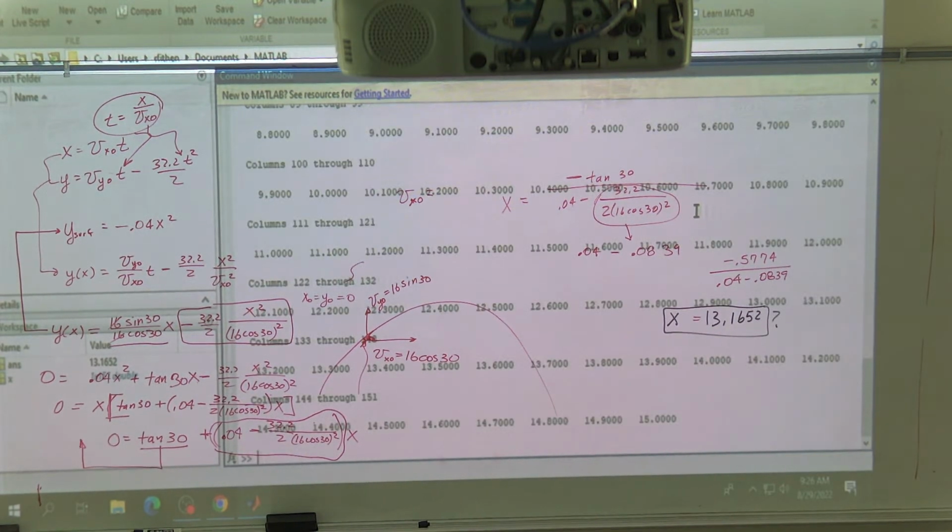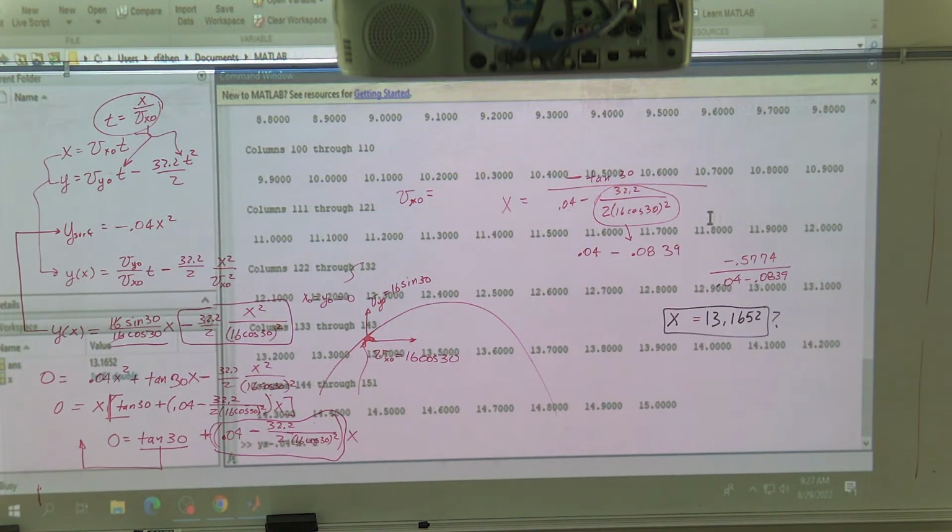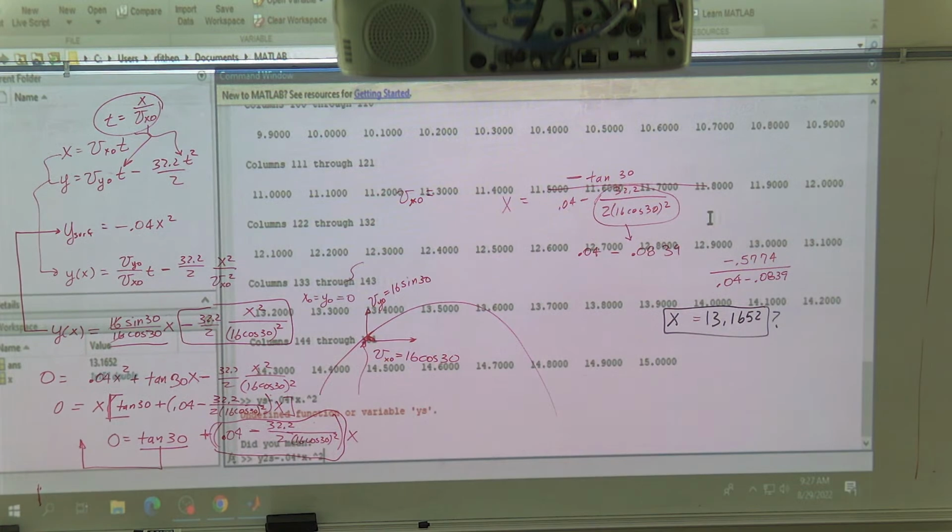That'll give me a whole bunch of values of x. First one I'm going to do is ys for the surface being minus 0.04 times x, with a period and then a square, and I get a whole bunch of values.